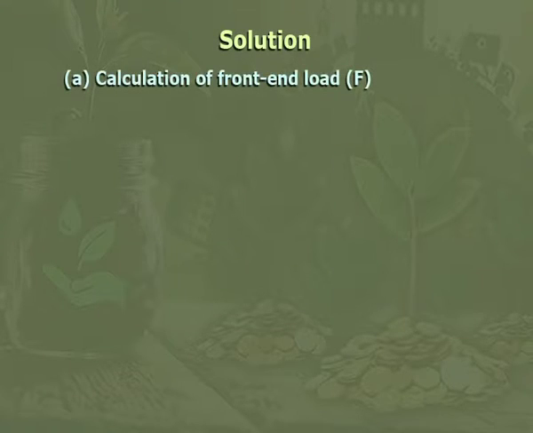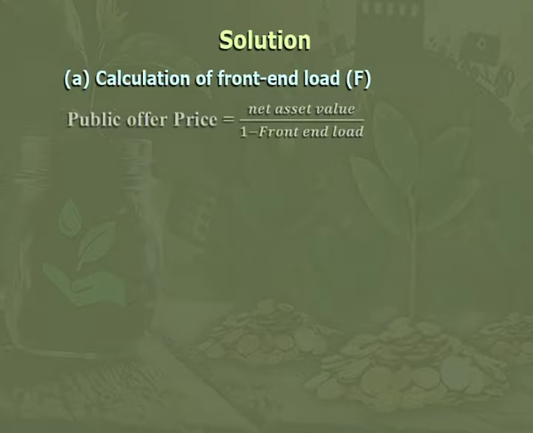Let's calculate the front end load. The formula goes like this: public offer price is equal to net asset value divided by 1 minus front end load.